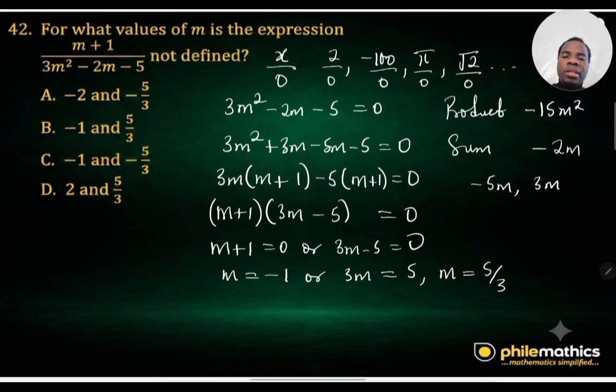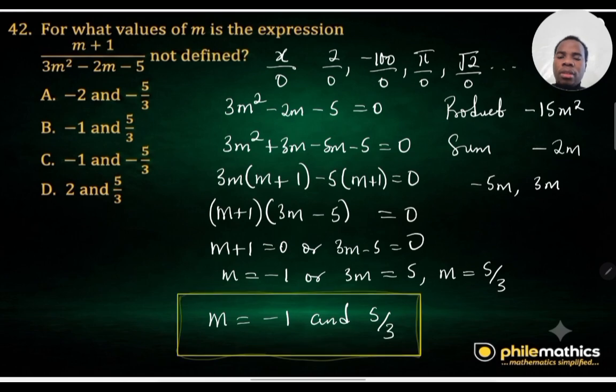It therefore means the values of m for which this expression is undefined will be minus 1 and 5 over 3, which is B.